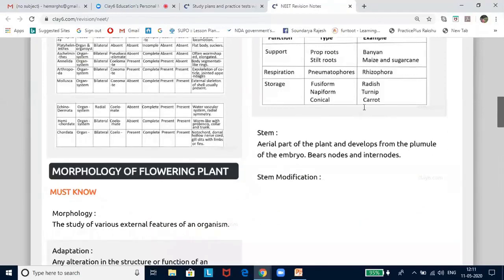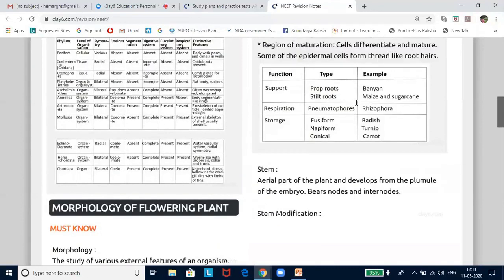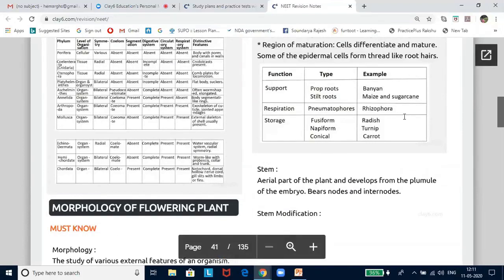Now there are certain roots called respiratory roots, which help in respiration. Rhizophora mangle lives in a marshy area, and as a result, in the soil it is not able to get oxygen. So it starts growing roots that face the atmosphere. Please understand this: roots are positively geotropic and negatively phototropic.